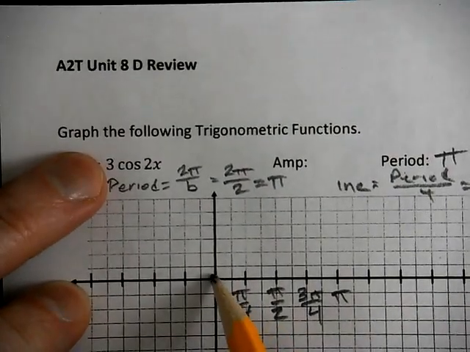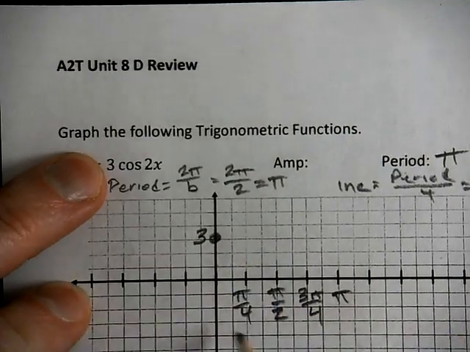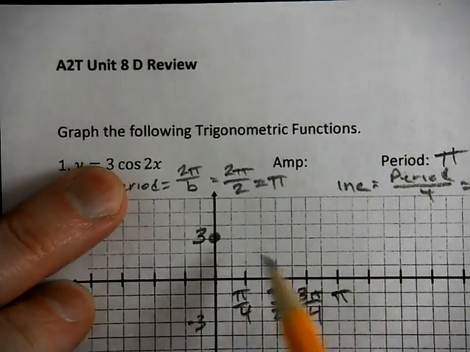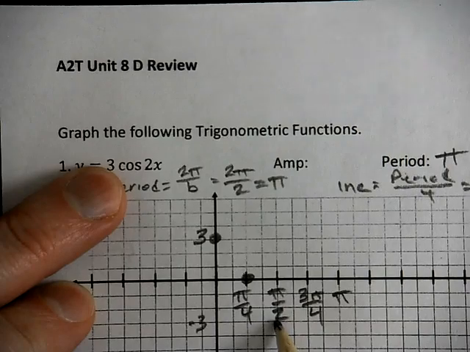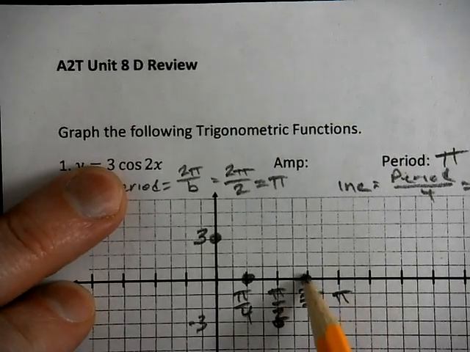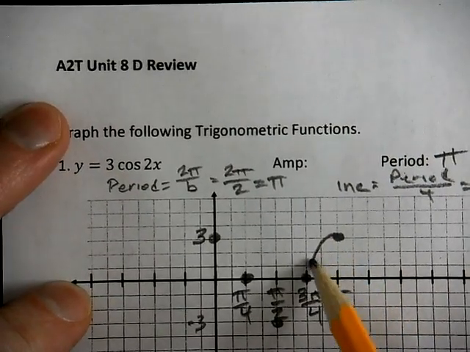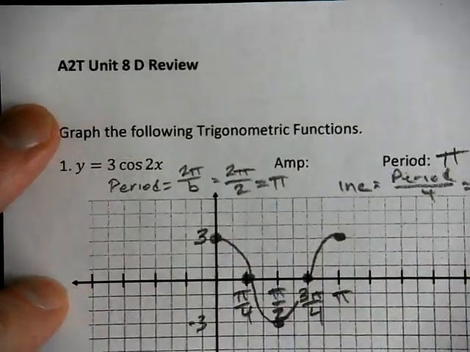Since we have a 3, we're going to be up at 3. This is cosine, so we start at a maximum, then we go to 0, then we go to our minimum, then we go to our 0, then we go up to our maximum. And there's our graph.